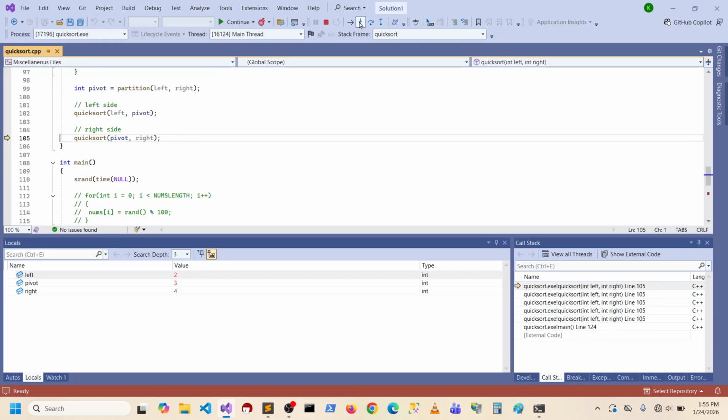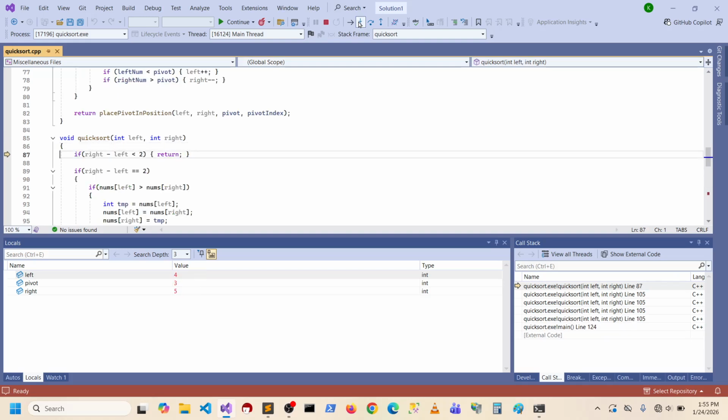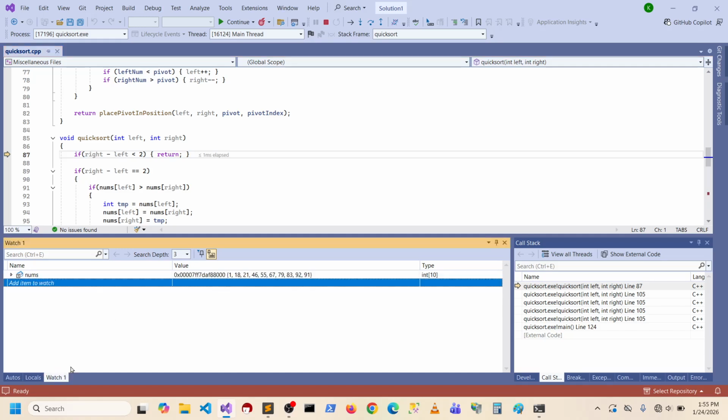Turns. 3, 4. We got 4 and 5. Pivot. Left, right. Neither of them change.